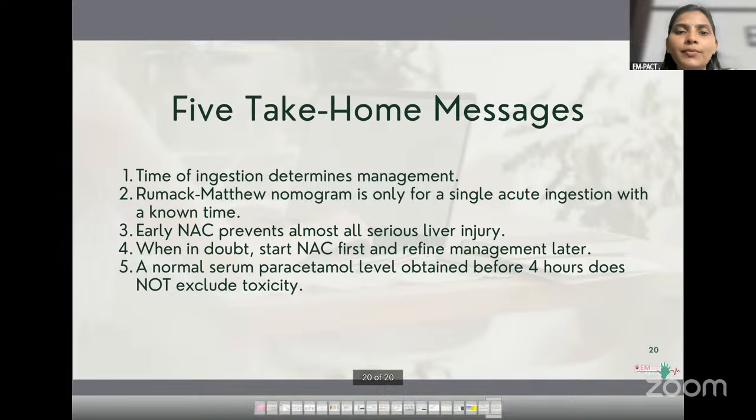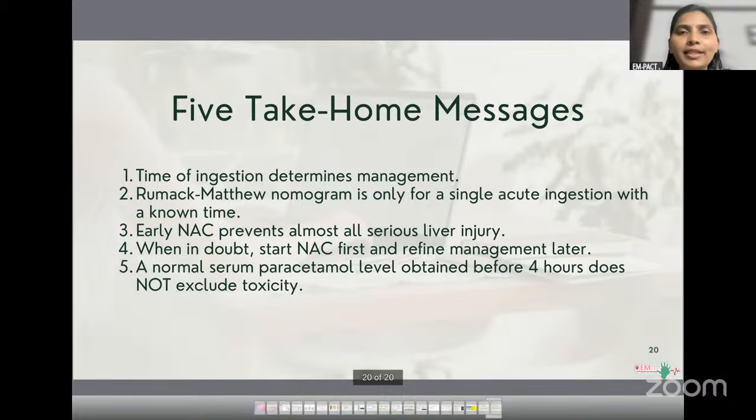As we discussed, you can do the gastric lavage initially. You can give the activated charcoal, and then you can wait till 4 hours after ingestion. At 4 hours after ingestion, you can send the serum paracetamol level and plot that on the nomogram. If it is coming below the line, you can just observe the patient, or if it is above the treatment line, you can start the NAC immediately. But in our patient, we already know it's a highly toxic dose.